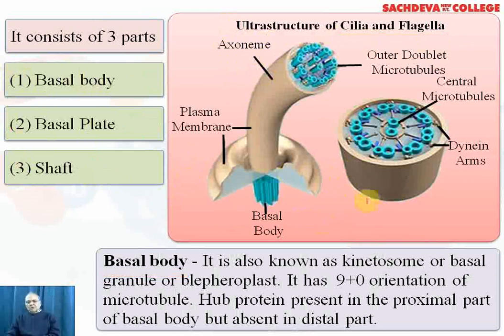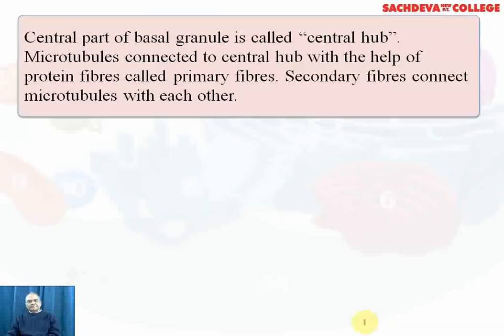Basal body is also known as kinetosome or basal granule or blepharoplast. It has 9 plus 0 orientation of microtubules. Hub protein is present in the proximal part of the basal body but absent in the distal part. The central part of the basal granule is called central hub.